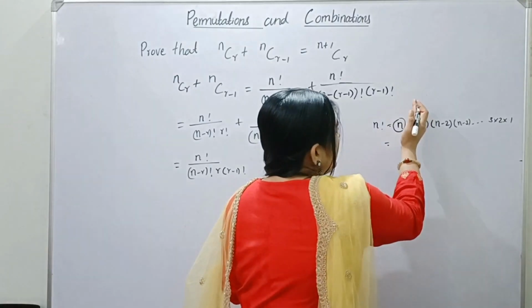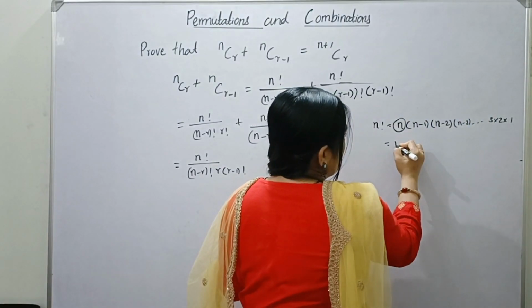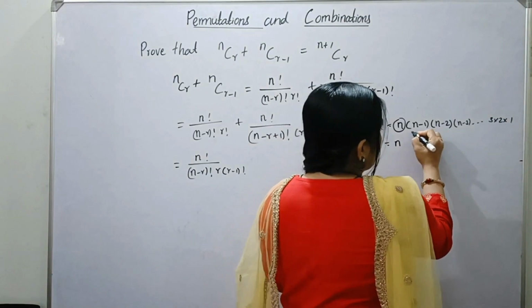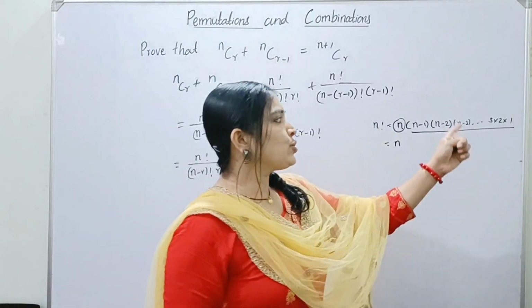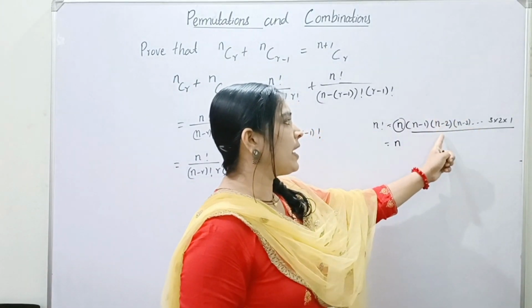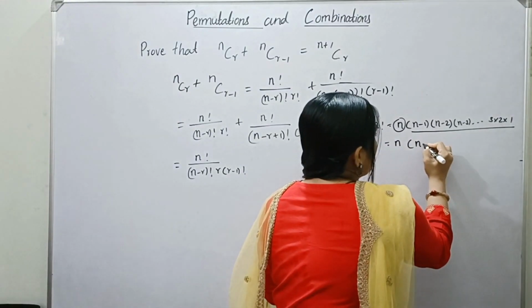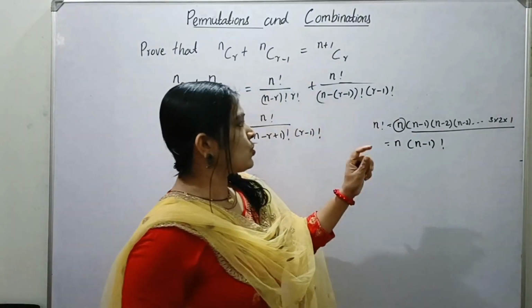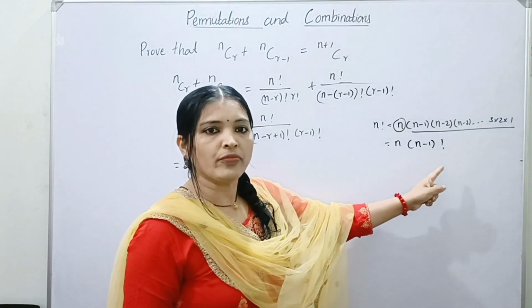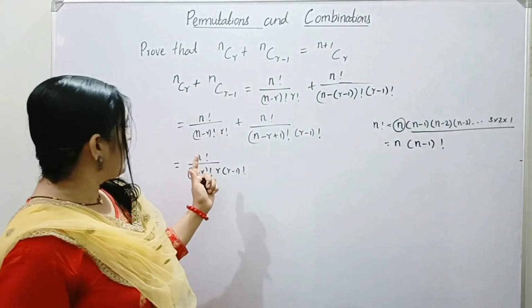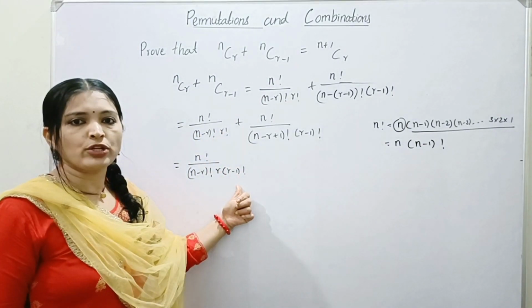Till here we will write it in factorial. So till here, it is nothing but (n minus 1) factorial, right? 1 into 2 into 3, etc., (n minus 3), (n minus 2), (n minus 1). That is (n minus 1) factorial, right? So n factorial can be written as n into (n minus 1) factorial. Therefore, we can write r factorial as r into (r minus 1) factorial.